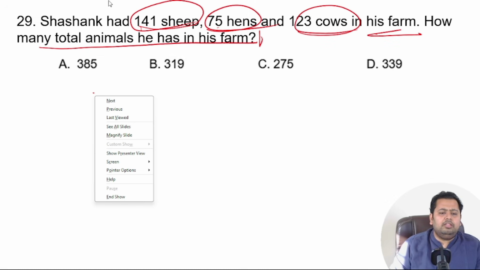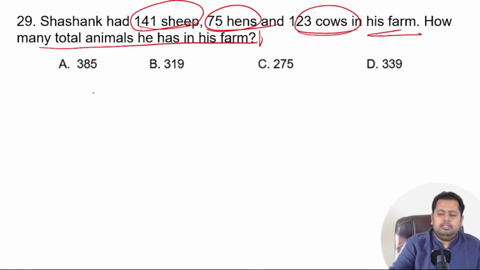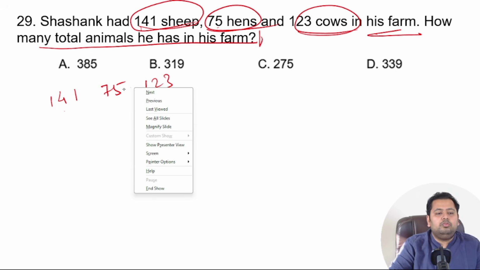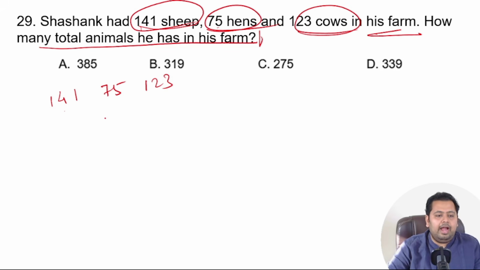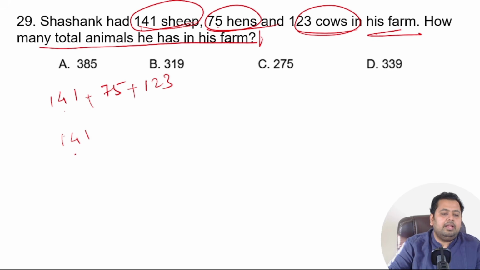Great. Hopefully, you have got the answer correctly. There are 141 sheep, 75 hens, and 123 cows in his farm. So if you have to find the total, you just need to add these numbers, right? So let's do that. 141 plus 75. 5 plus 1 is 6. 4 plus 7 is 11, so 1 carries over.